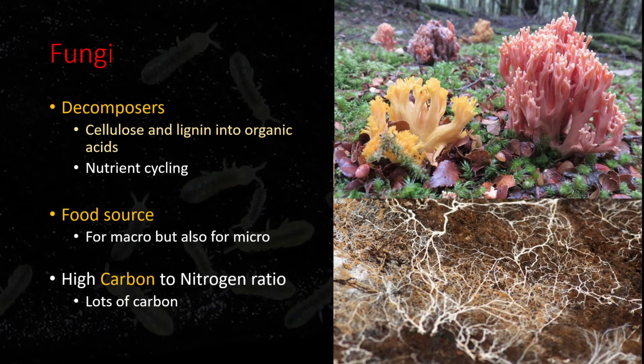And funguses, their fruiting bodies are a huge food source to a lot of macro creatures, but the hyphae underground are also a large food source to a lot of the microfauna. And fungus usually help keep the carbon to nitrogen ratio high, where we have lots of carbon.